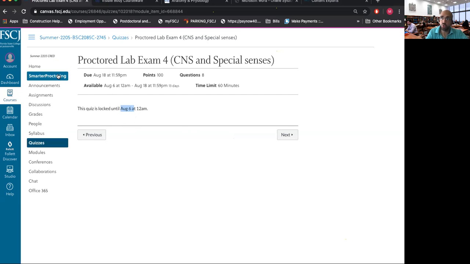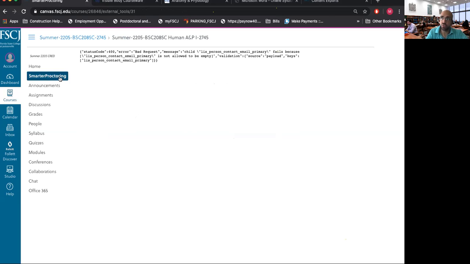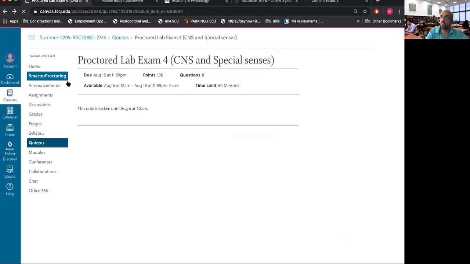You need to go to Smarter Proctoring, and from the Smarter Proctoring tab, you will be able to find your exam. It gives me an error now because there is nothing available in Smarter Proctoring yet.